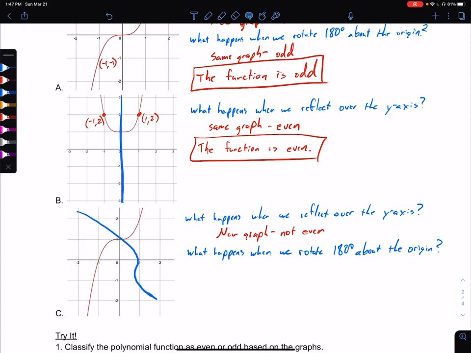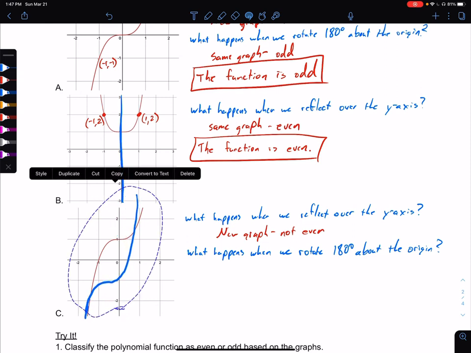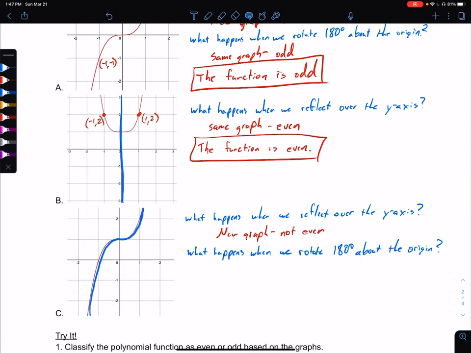When I rotate 180 degrees, I do not get the same graph. Clearly that's not the same. We're not trying to rotate from the center of the graph. We are rotating about the origin. So this piece would have to rotate around that.